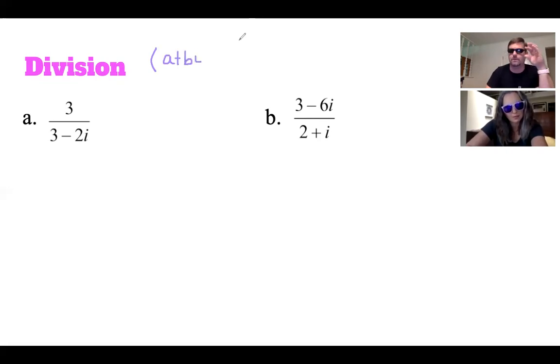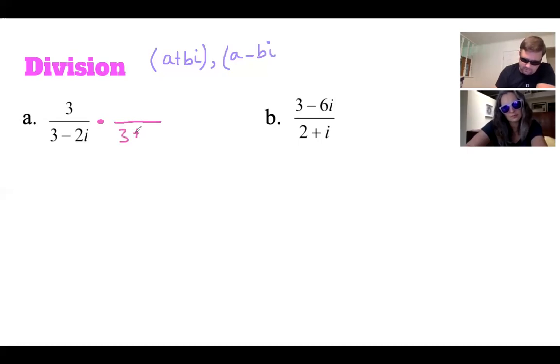You've probably been told to get rid of the square root in the denominator. Well, now I have a square root in the denominator, and the idea is to multiply by the conjugate. So I take this and multiply it by 3 plus 2i, which is what we talked about a little while ago with the complex conjugate. If I multiply a complex number by its complex conjugate, the imaginary part goes away.